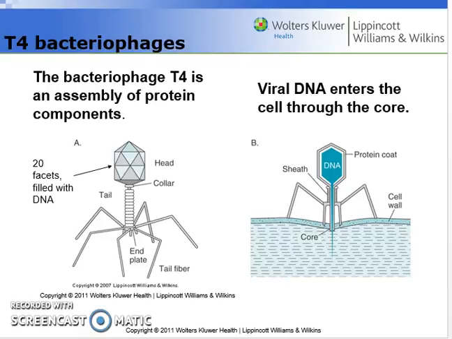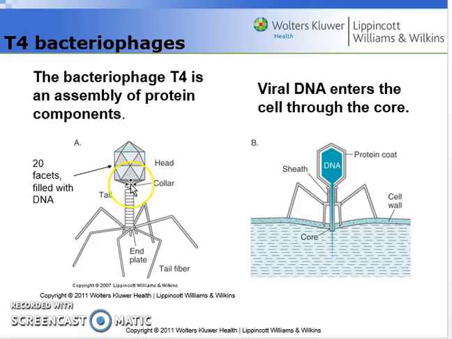And here's an outline of what the bacteriophage looks like, a little bit more up close and more clearly defined in terms of the structures. You have this head portion, which we talked about before, which typically has 20 facets on it, and each of those facets is filled with genetic material.